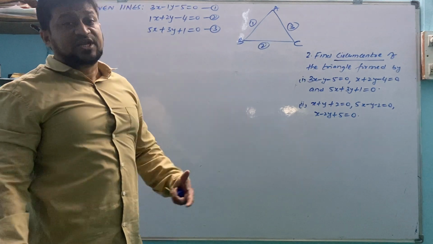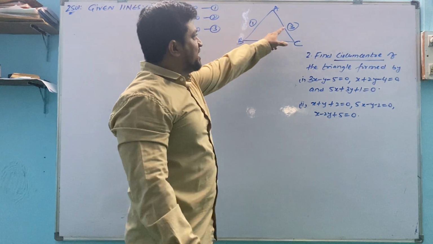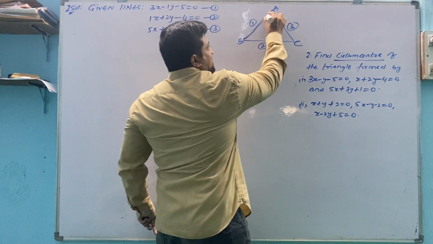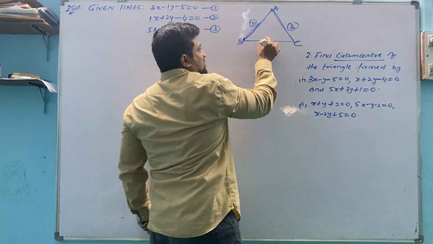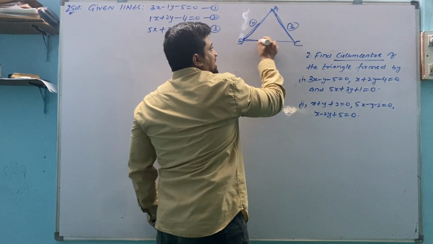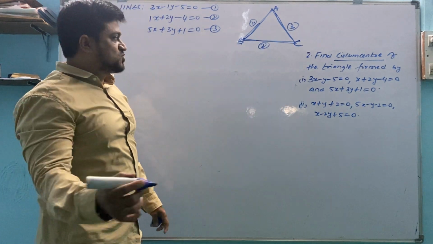Given points, now we need to find ABC. Then we have to proceed with the process. Lines 1 and 3 are intersecting at A. 1 and 2 are intersecting at B. 3 and 2 are intersecting at C. So to get A, B, C, we have to solve certain equations.